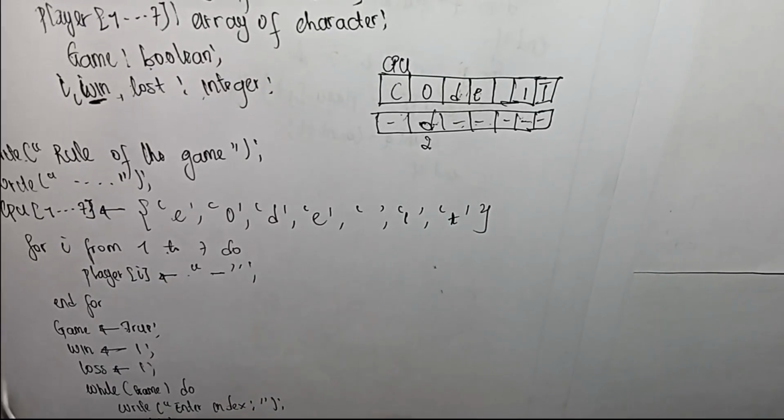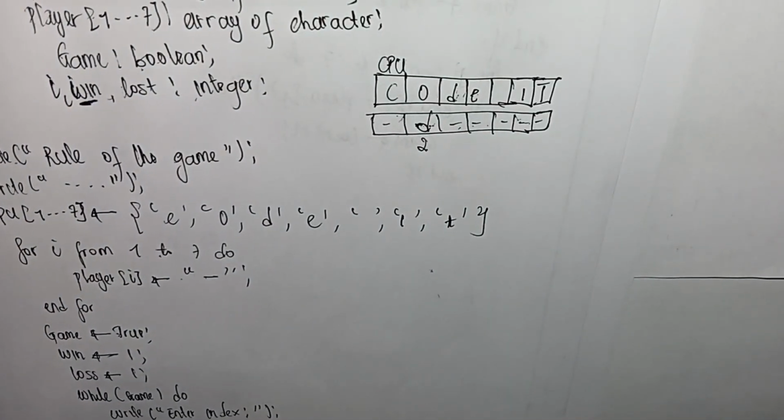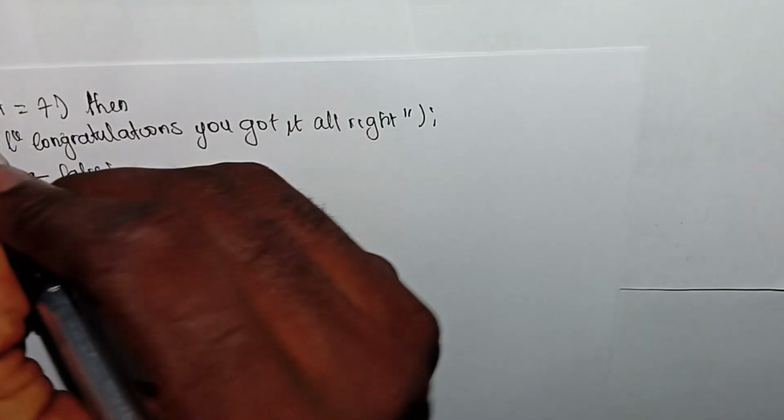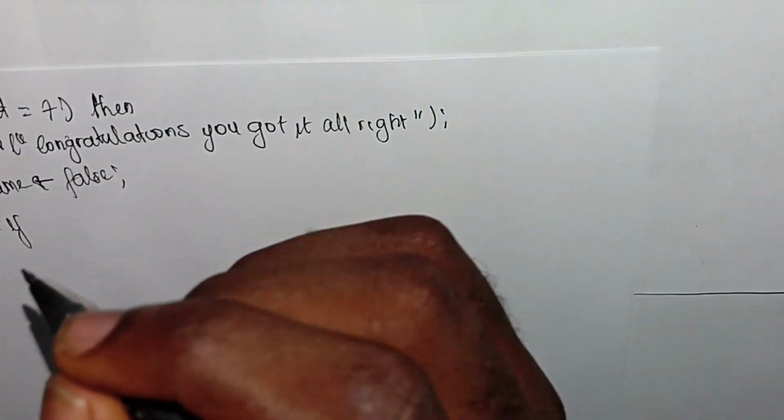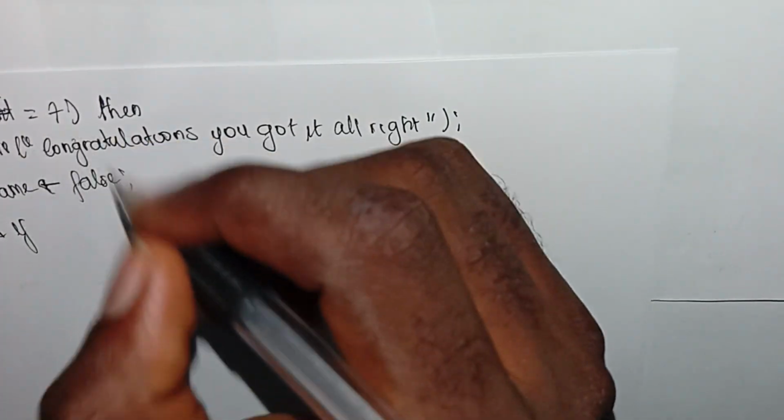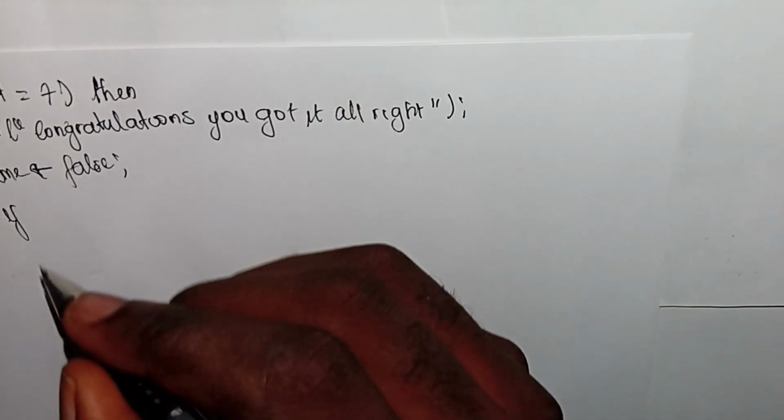So that needs to be swapped. Either you swap these to win or you swap these to count, that's left to you. Mine will be win, so I'm taking away this count. If win equals 7, then game false.